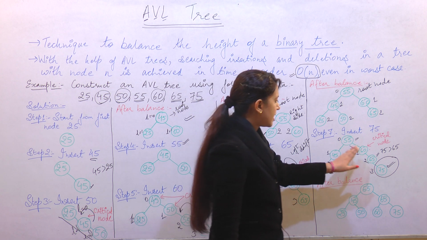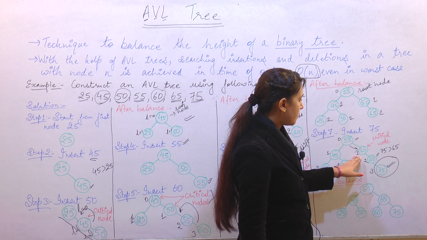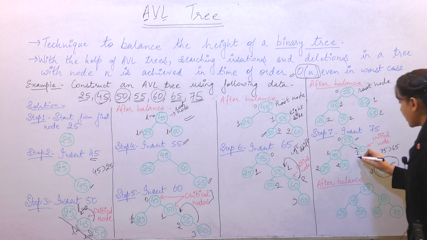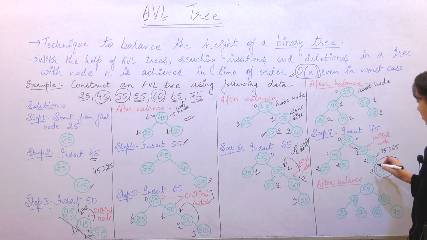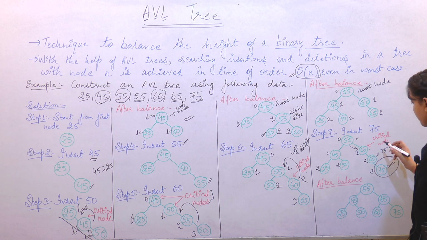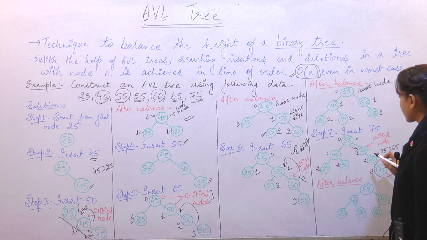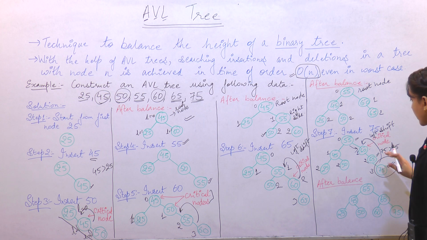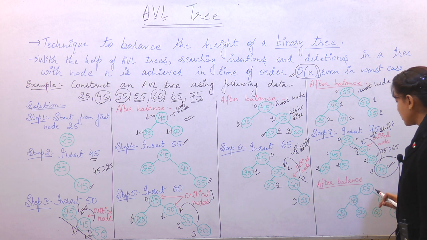And on the right side of root node we have 3 nodes, and those 3 nodes are not at the proper levels and not properly balanced. So here our critical node is 60. So for balancing this unbalanced tree, we will again left shift our critical node 60 so that we can get a balanced tree.